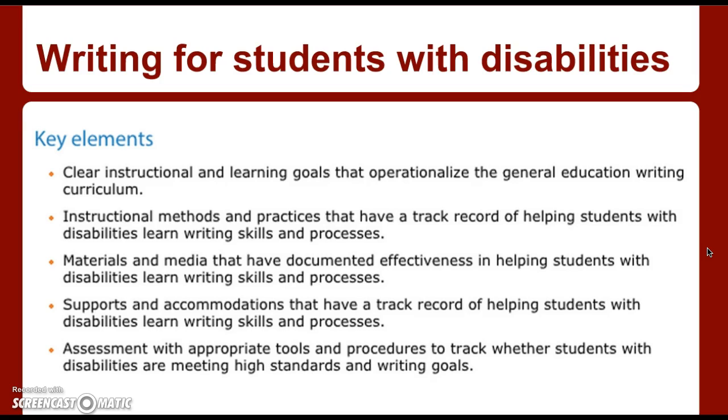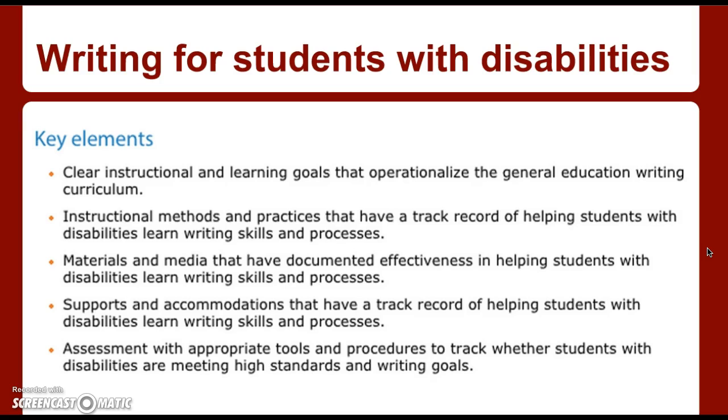Our materials and media should have documented effectiveness in helping students with disabilities learn writing skills and processes, and we use supports and accommodations that have a track record of helping students with disabilities learn writing skills and processes.